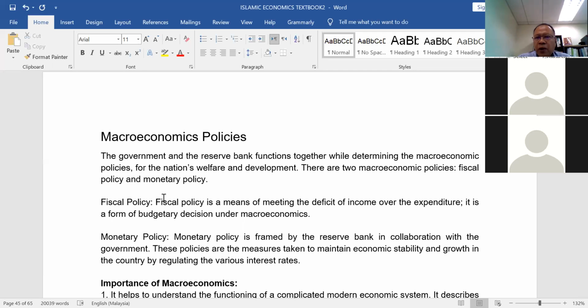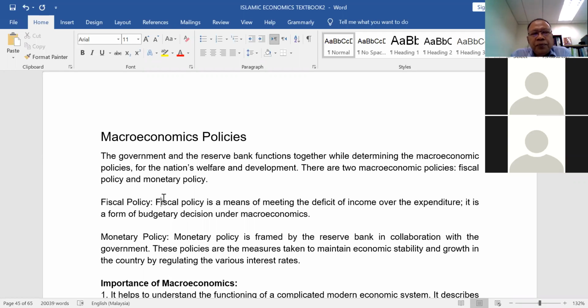So in fiscal policy, there are two focuses. One is the government income, and number two, the government expenditure. So it determines the budget, whether it is surplus or balanced budget or the deficit budget.